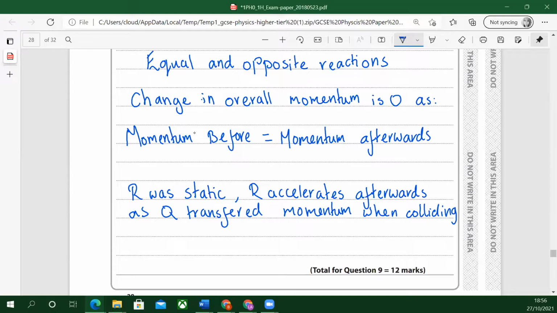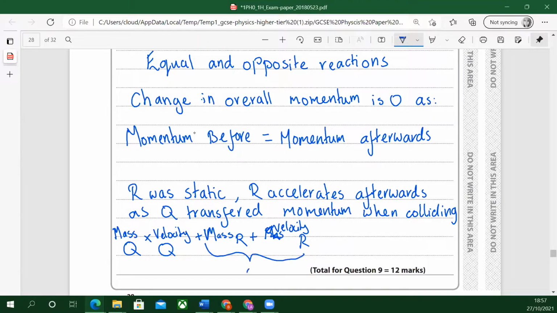Okay, so before, we had Q moving, so we're going to write the mass Q times velocity Q, plus, in the same order, mass R times velocity R. Because R was stationary, its velocity is actually 0.